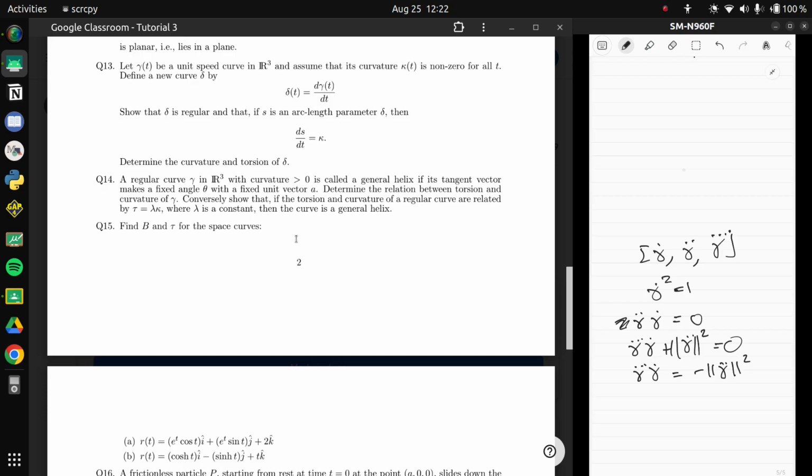So if I had to think about it, this is gamma dot, this thing is gamma double dot, perpendicular basically, and then the gamma triple dot is somewhere floating in space. You have figured that out. If you remove that, then this is the part which is perpendicular to gamma dot, right?